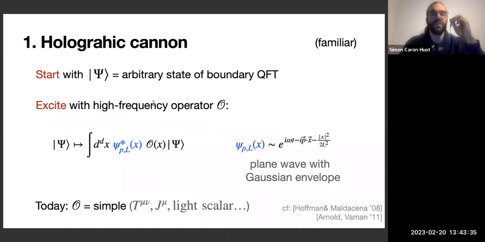The first basic idea: we start with some arbitrary state of a quantum field theory, and we're going to excite it. We want to have something that's, loosely speaking, a point-like excitation in the bulk. So we're going to excite it with a high frequency operator. The operator could be simple, like a stress tensor or current, but we inject a large momentum into it, for example by integrating against a Gaussian wave packet.